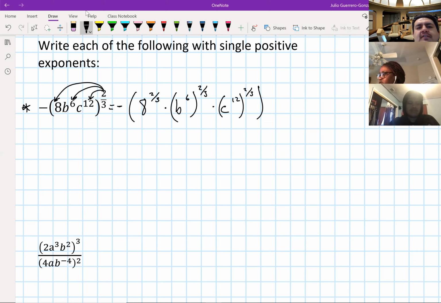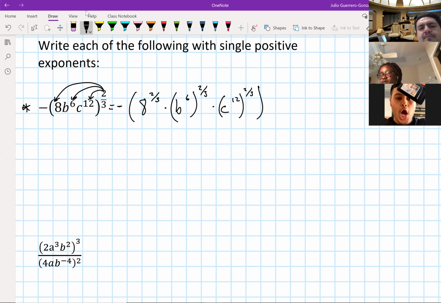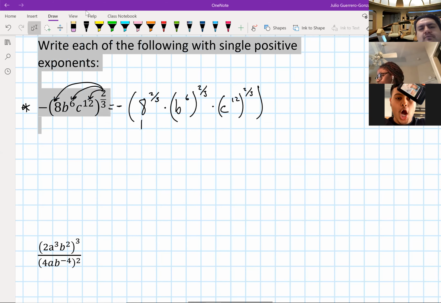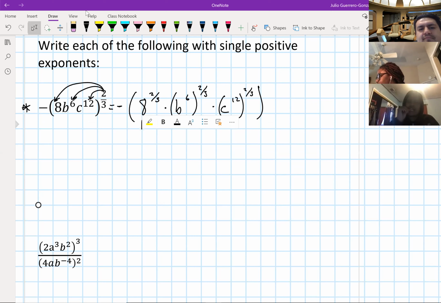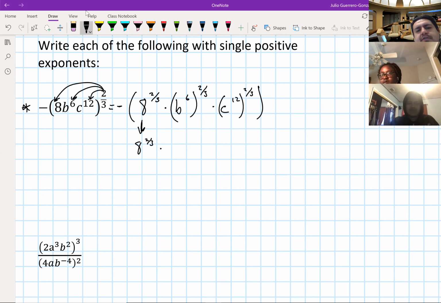Okay. So everybody see what I did, right? I distributed that 2/3. This, I'm just going to keep as it is. So 8 to the 2/3, I'm not going to touch it for now. What I am going to do is try to simplify this. This has an exponent to an exponent.